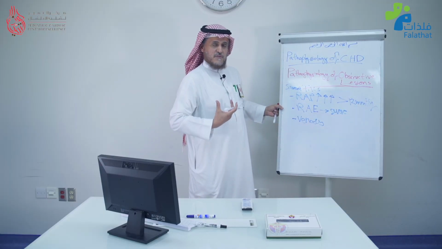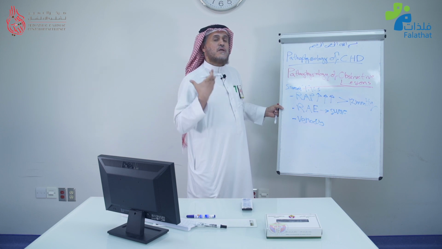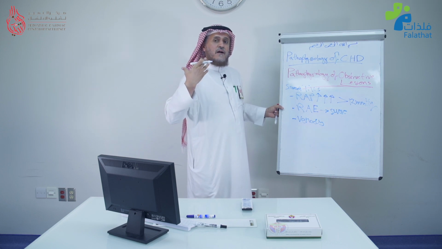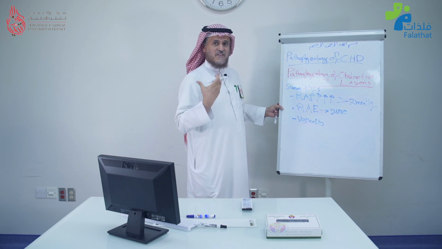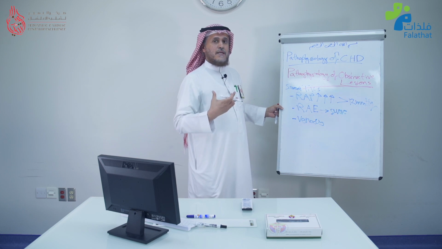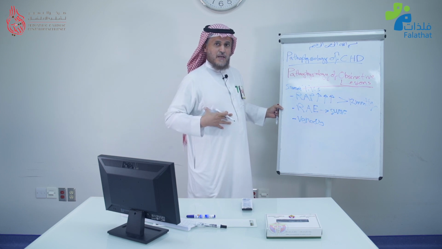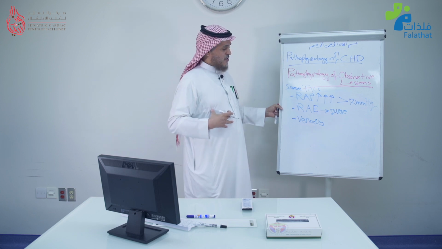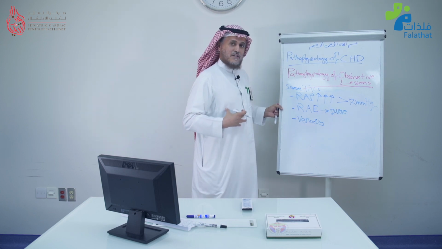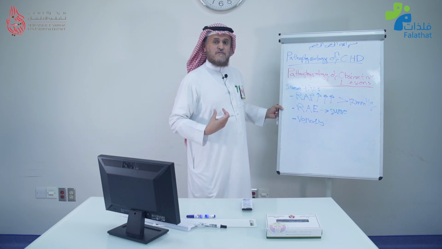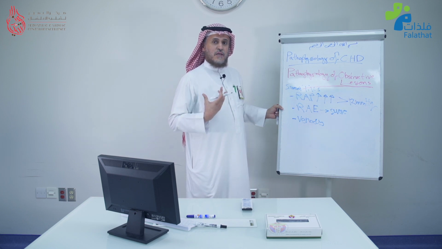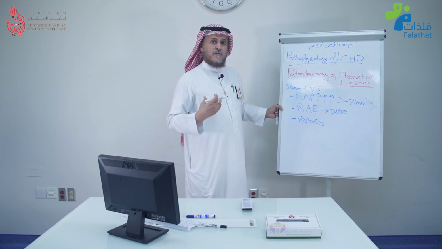So the IVC will start to have high pressure. The SVC will start to have high pressure. What is next to that? Immediately, the hepatic vein pressure will also increase. So inside the liver, the venous flow will be hindered going back to the right atrium, and the pressure will be high.